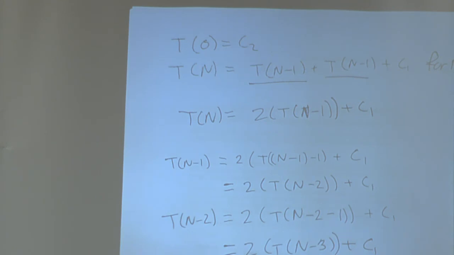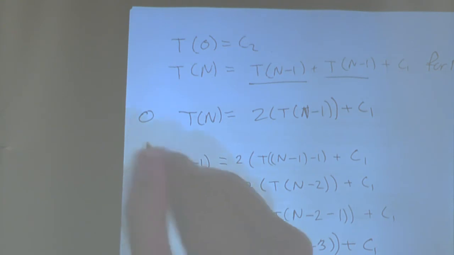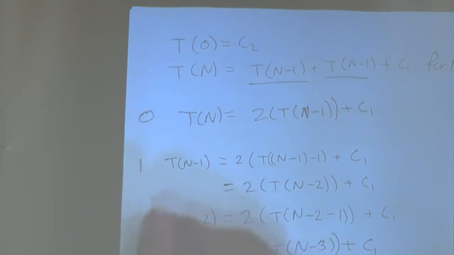If you simplify this down, it's going to be 2 times T of n minus 4 plus c1, okay? When we do this, we have to put all these equations back into the initial equation. Remember this is our first iteration, second, third, and the fourth.